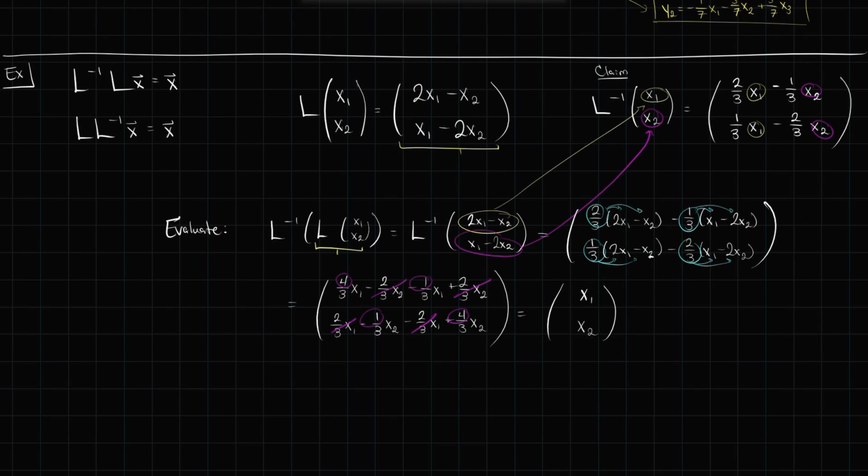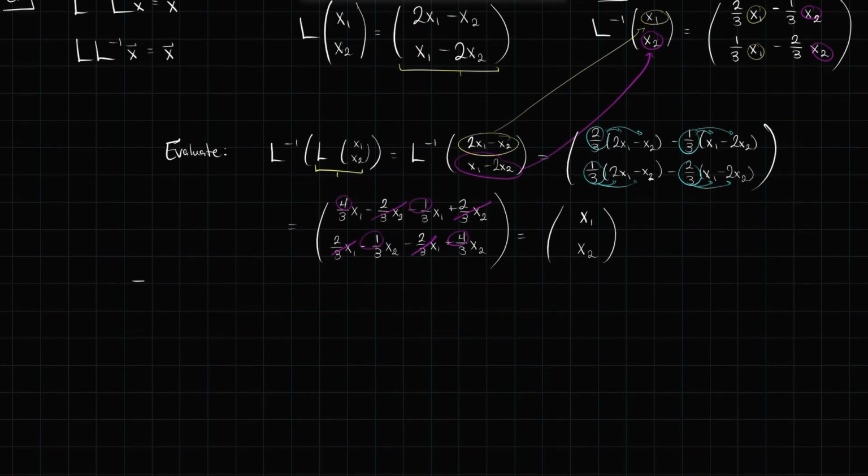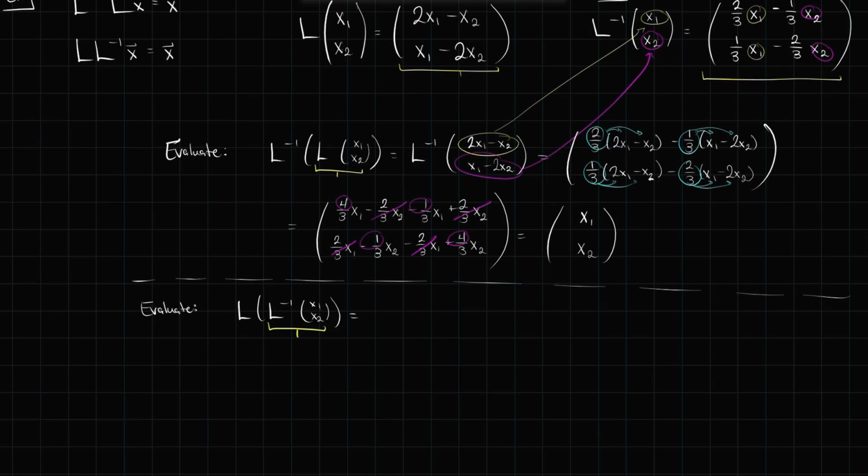And so we do see that L inverse and L perfectly cancel each other if I evaluate one inside of the other, and I can try this again in the other direction. So in the other direction, if I write L of L inverse of x1, x2, I can compute L inverse right away as what's happening in the top there, and that gives me L acting on 2/3 x1 minus 1/3 x2, 1/3 x1 minus 2/3 x2.